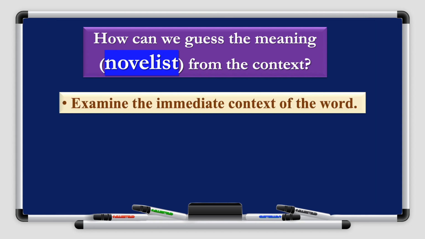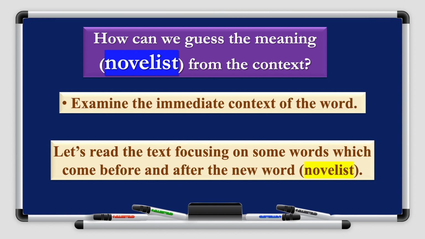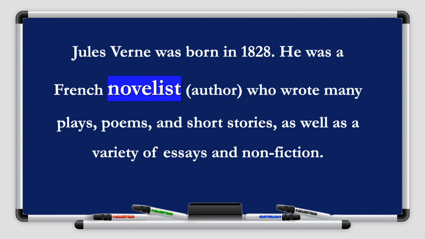First of all, examine the immediate context of the word. Let's read the text focusing on some words which come before and after the new word, novelist. Here is the sentence. Jules was born in 1828. He was a French novelist who wrote many plays, poems, and short stories, as well as a variety of essays and non-fiction.